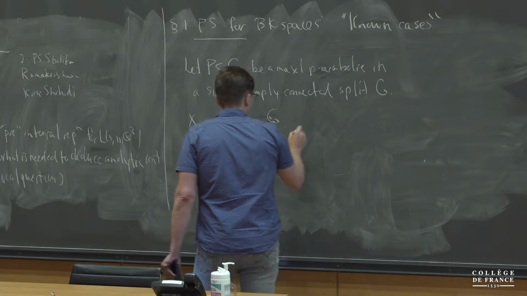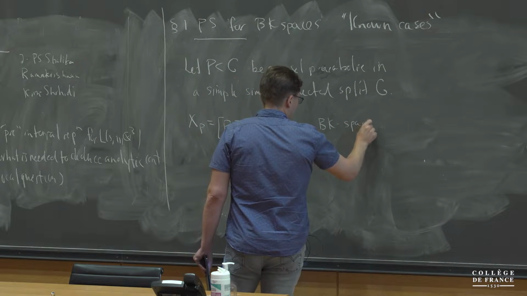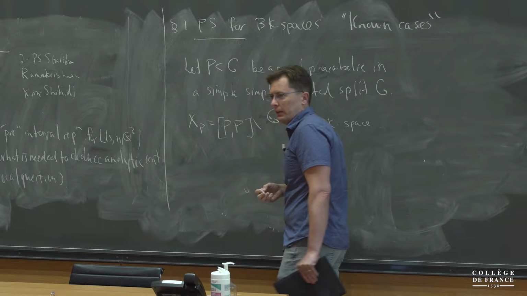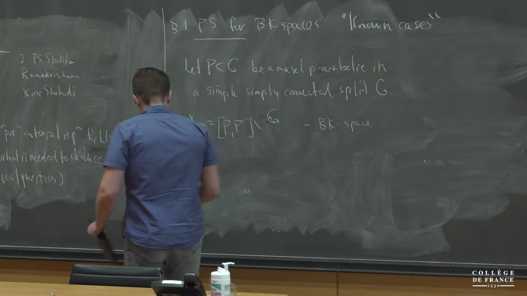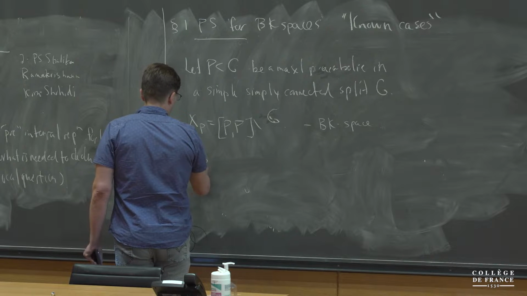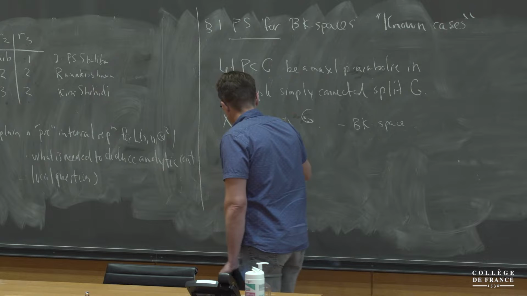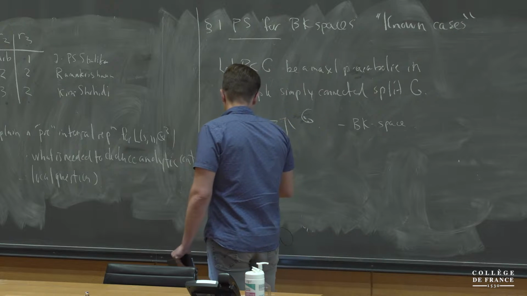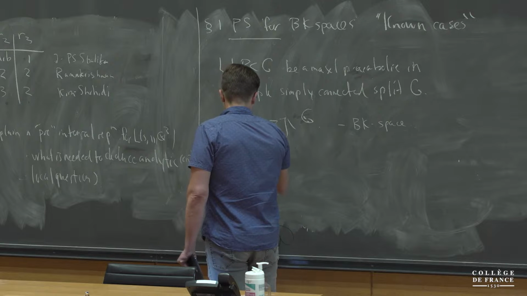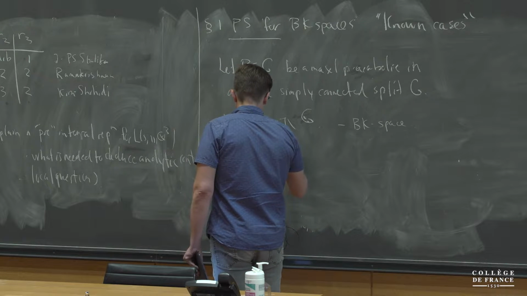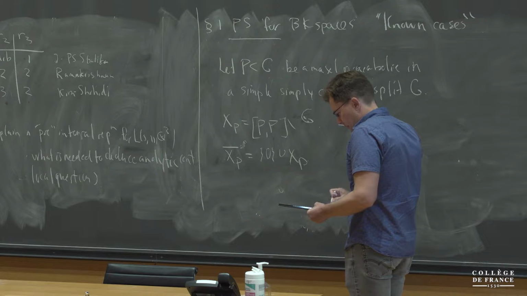I'm going to refer to this as a Braverman-Kazhdan space. You could also refer to it as a pre-flag variety. Okay. And so then, in the case at hand, as Cho explained, the closure of this is a quasi-affine space. The affine closure is just a point union this space, because we're working with a maximal parabolic.